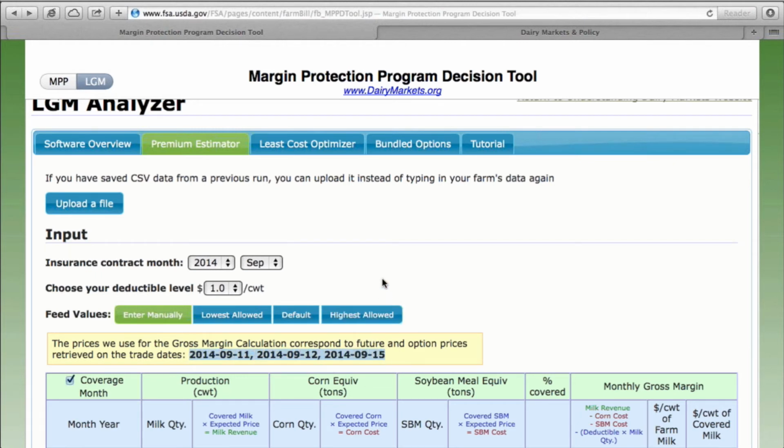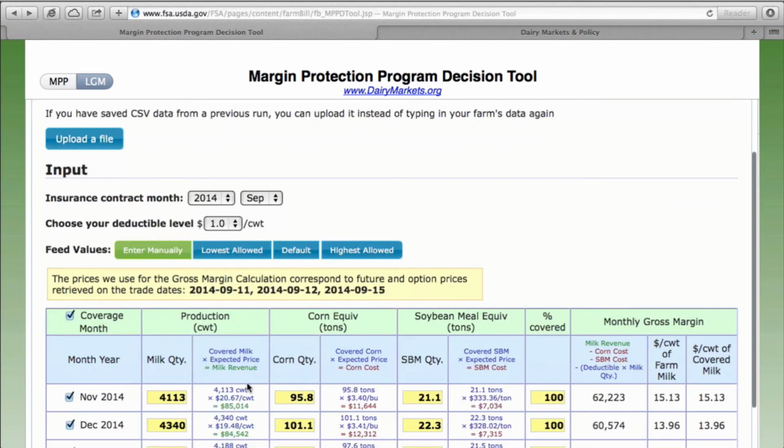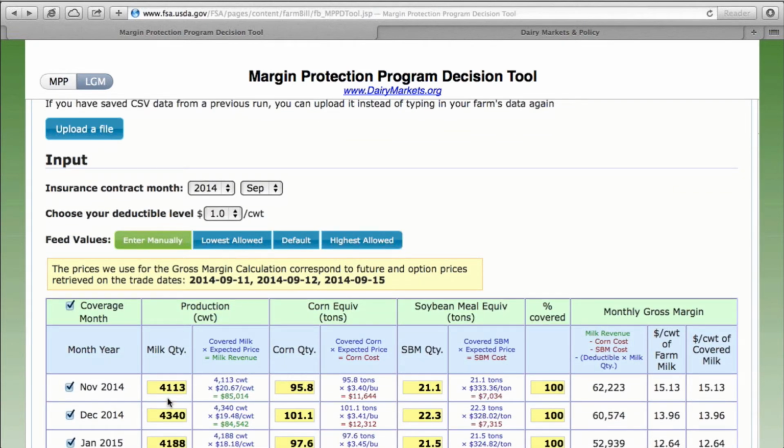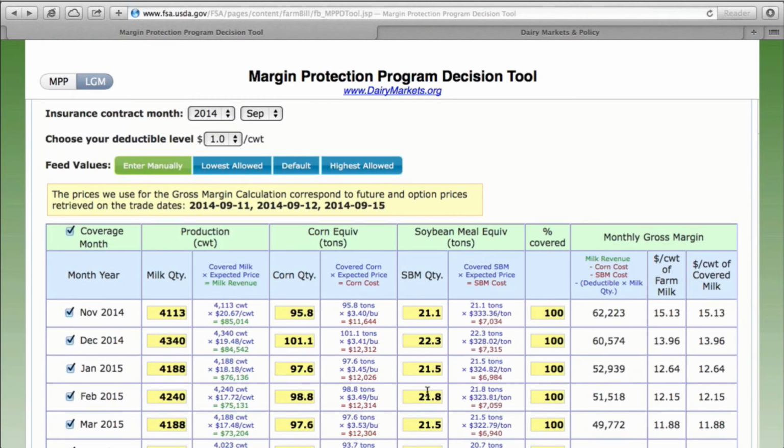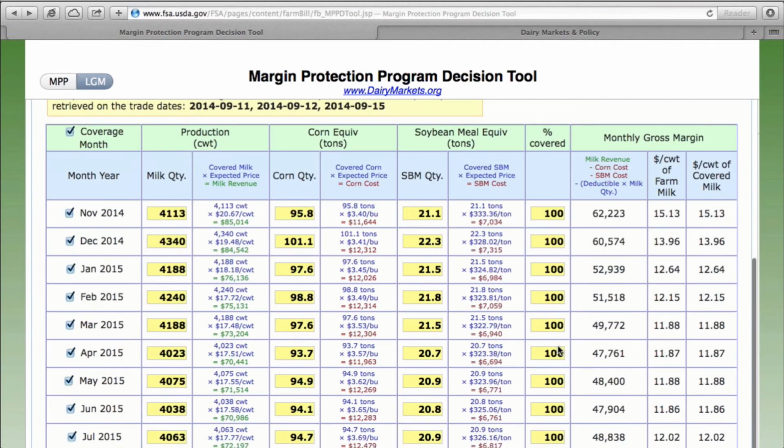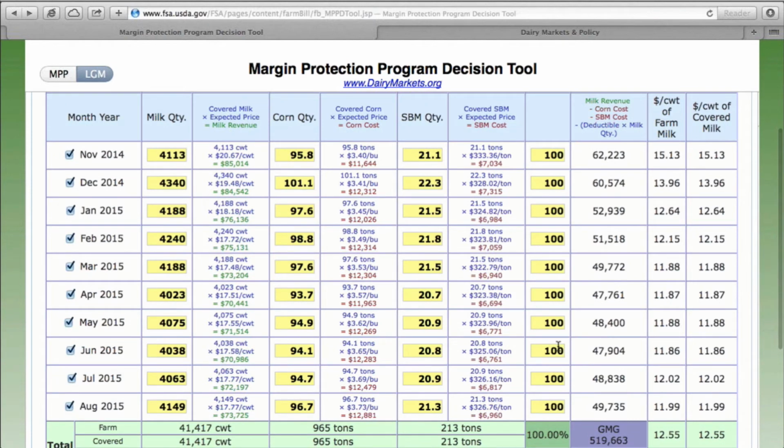You enter your LGM contract parameters, how much milk you want to cover, what months you want to cover, the feed equivalent that you'd like to declare for LGM Dairy, and then you're given your monthly gross margin. So here we see for this 10-month contract, using LGM Dairy, you're getting a gross margin guarantee of $12.55.